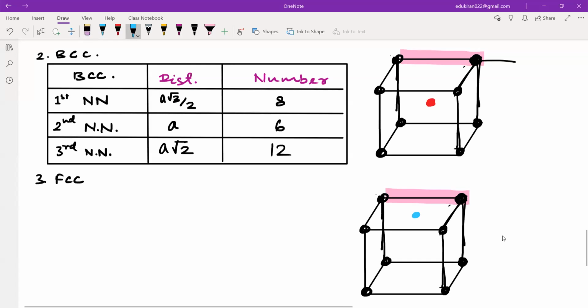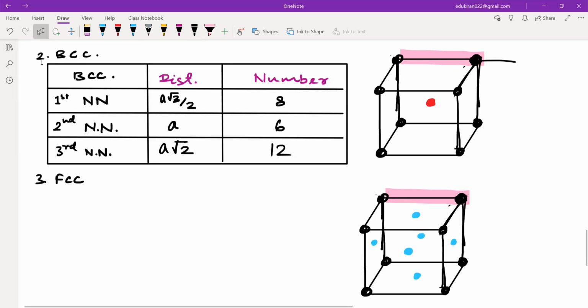So one face center here, one face center here, one face center here, one face center here, and one face center will be here also. There will be one face center here.